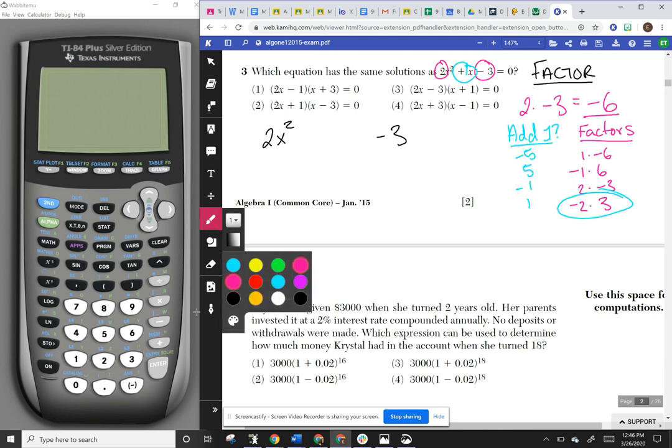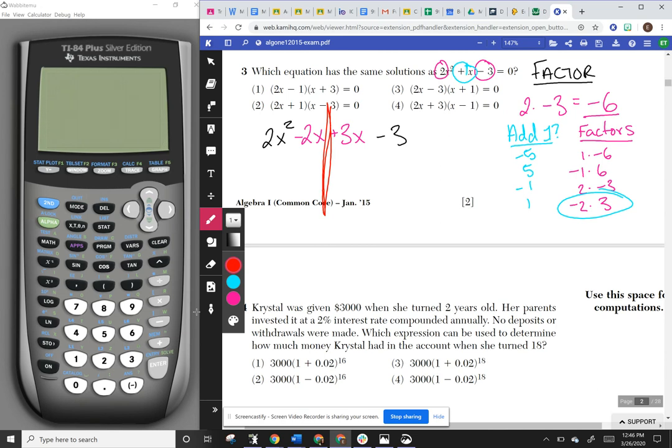So we got minus 2x plus 3x. You can see these are the same equation, right? If we just combine like terms, it would be the exact same. Okay, and now we want to split this in half and factor each side.